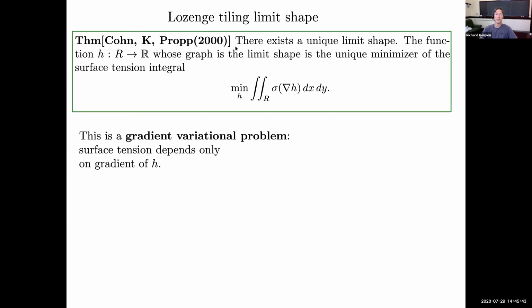I didn't make a very precise statement here, but the statement is that there is a unique limit shape. So you take a region in the plane, you take a random lozenge tiling with some boundary conditions, then there is a unique limit shape, and there's a certain variational principle which that limit shape satisfies. And that's what I want to focus on here.